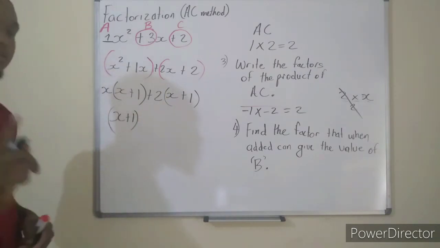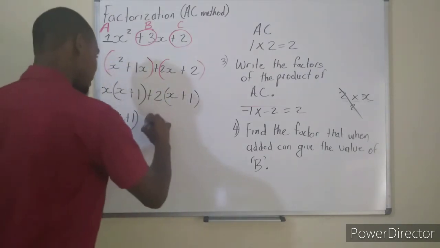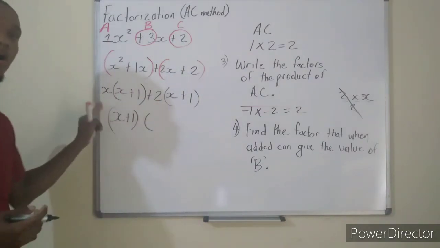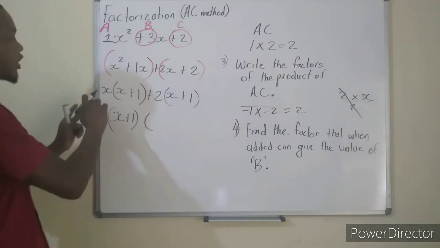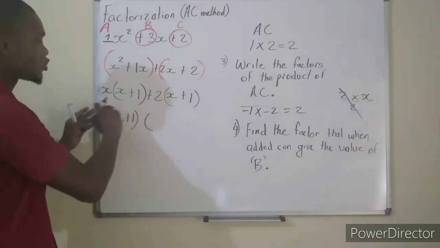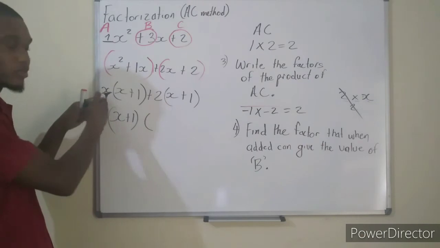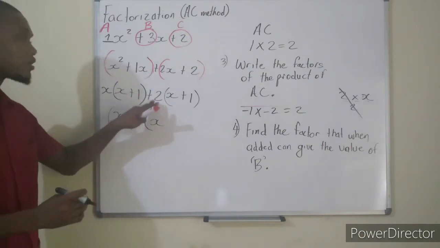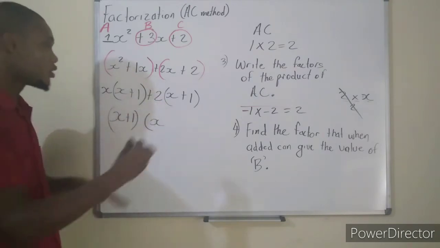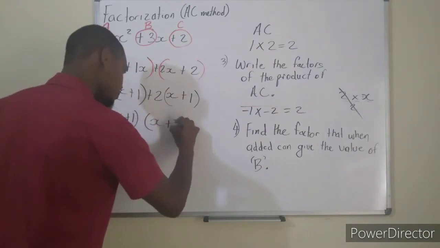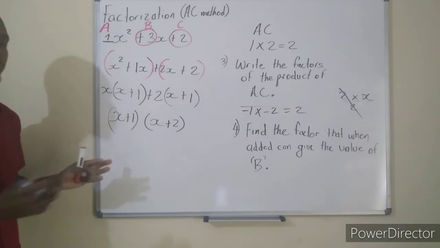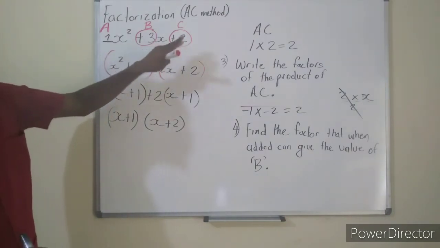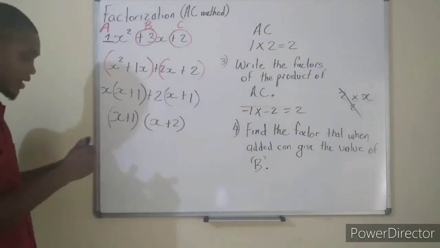For the other bracket, you take what's on the outside of each bracket, generally writing from left to right. So x is on the outside, so you put it inside. Plus 2, or positive 2, is on the outside as well, so you put it on the inside. And these would be the factors of x squared plus 3x plus 2. So this is your final answer.